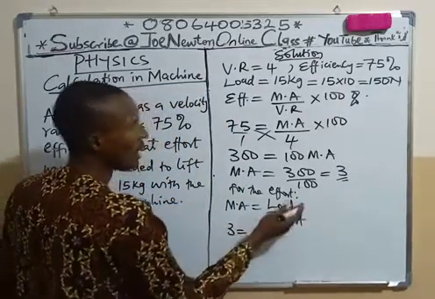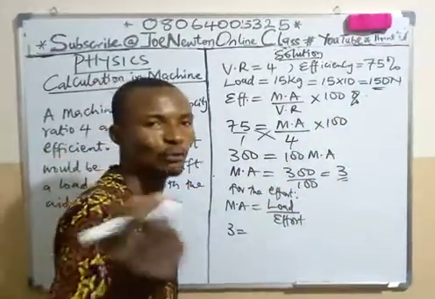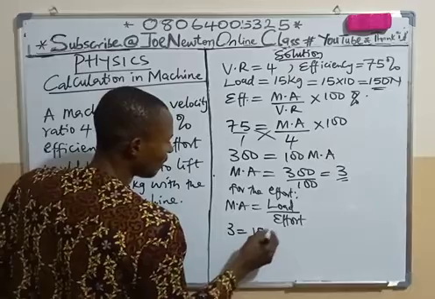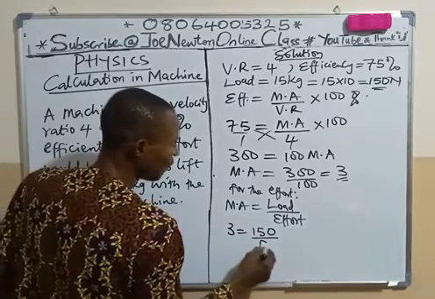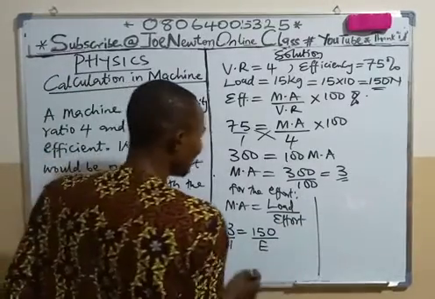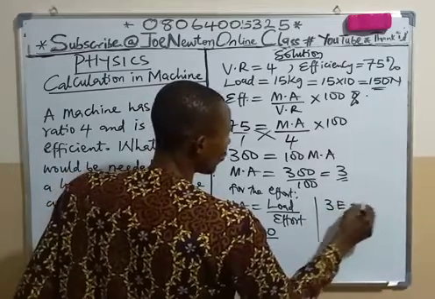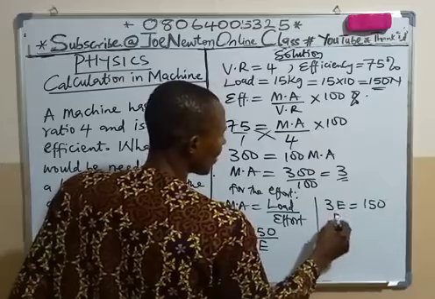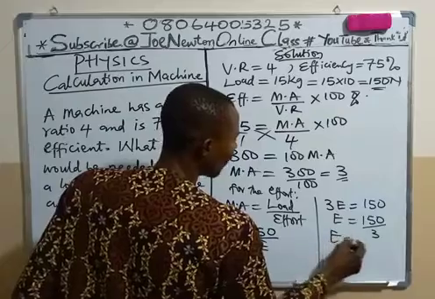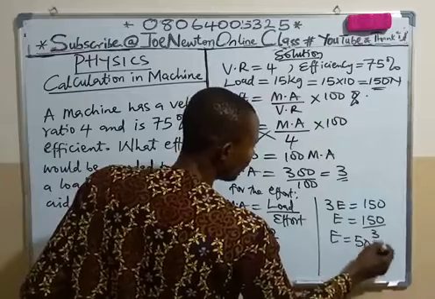So 3 is equal to our load, which is 150 Newton, because we converted the kilogram mass to force, the weight of the load in Newton, all over the effort E. Cross multiplying, we have 3 times our effort is equal to 150, which means our effort is equal to 150 divided by 3. Therefore, our effort is equal to 50 Newton, because it is force.